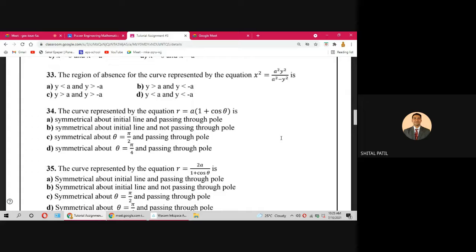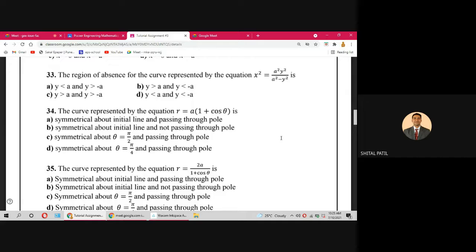Cos of pi is minus 1. So when theta equal to pi, r equal to 0. Therefore, curve passes through pole. So, A option is true. Curve is symmetric about initial line and passing through the pole.